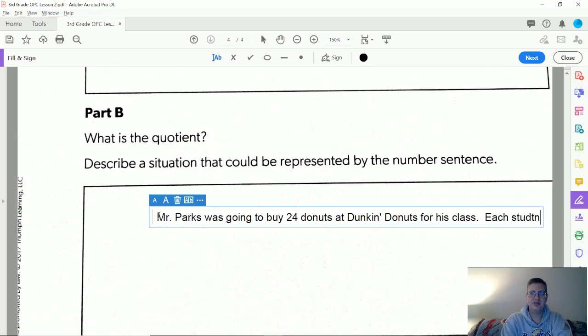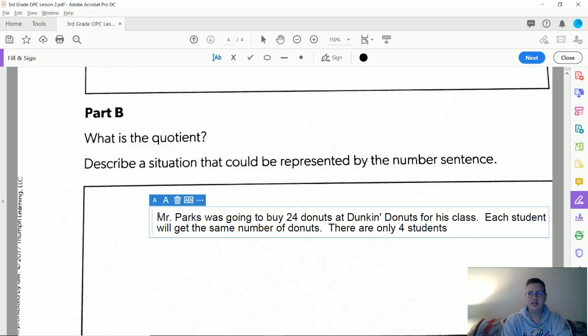Each student will get the same number of donuts. And if we only have 4 students, how many will each student get?